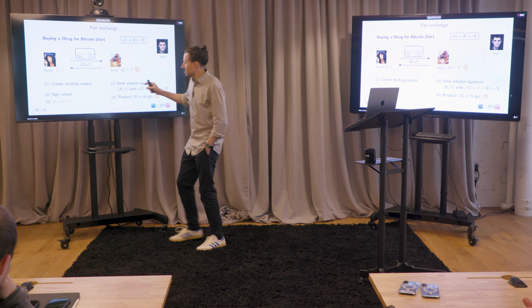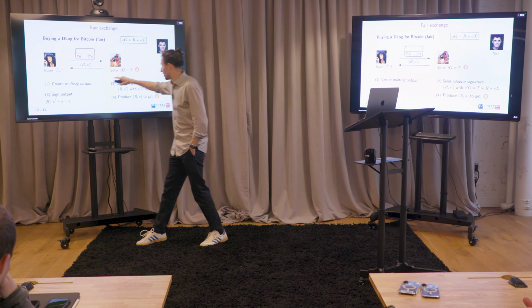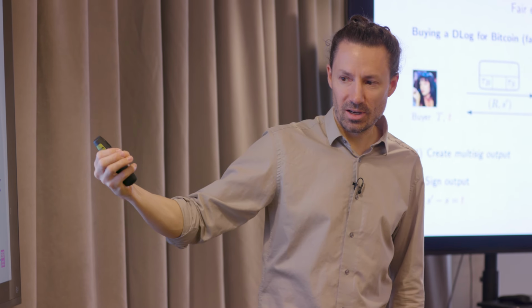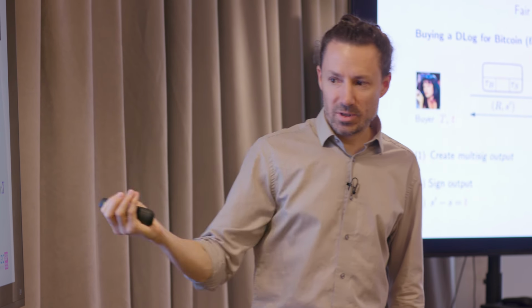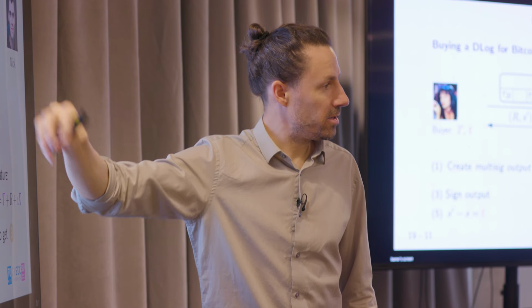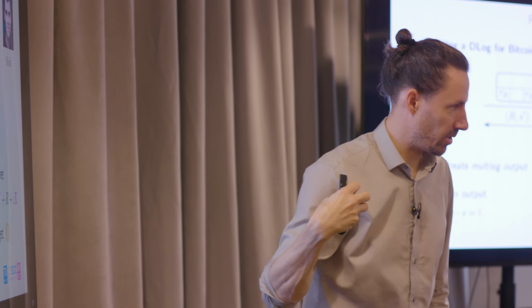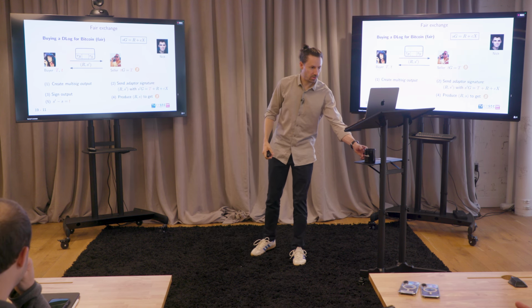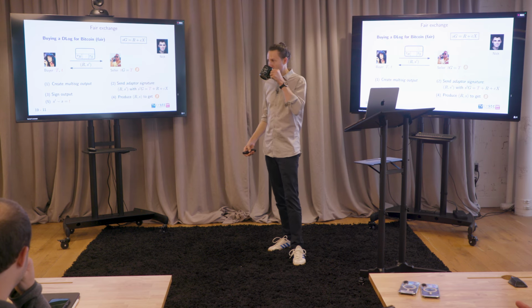If she computes S prime minus S, so if you subtract these two equations, then you see that S prime minus S is exactly the discrete log of T, because that's the only thing on the right-hand side that doesn't cancel out. So this adapter signature allows you to do conditional things where only if you take the money you will reveal something that allows you to get the secret that you wanted, as an analog of these hash lock transactions before.